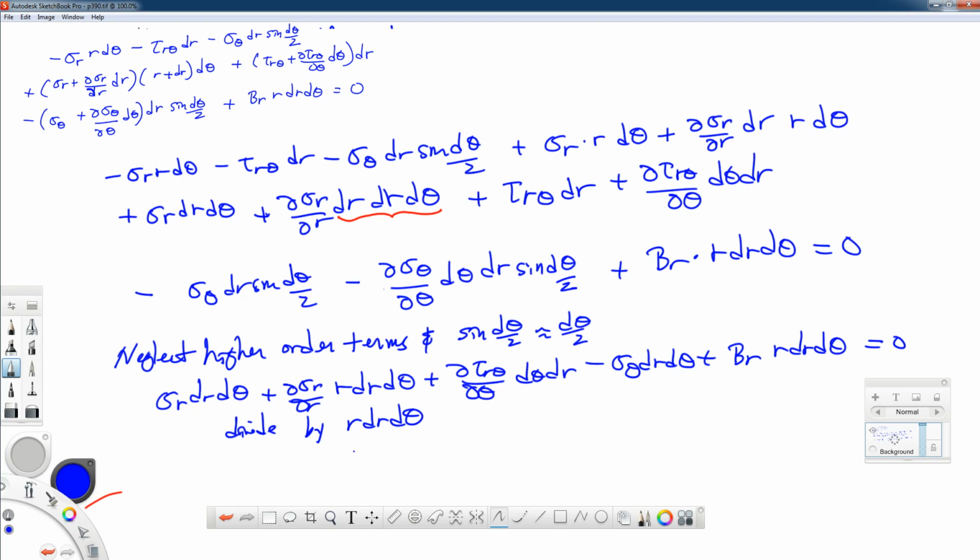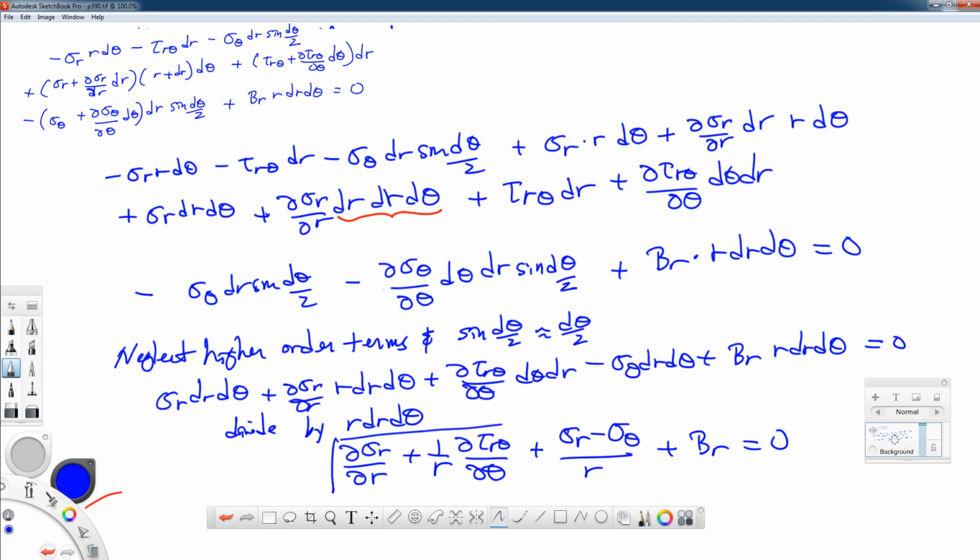We lead off with partial of sigma r with respect to r plus 1 over r partial of tau r theta with respect to theta plus sigma r minus sigma theta over r plus br is equal to 0. And this is the equilibrium equation in the r direction for polar coordinates.